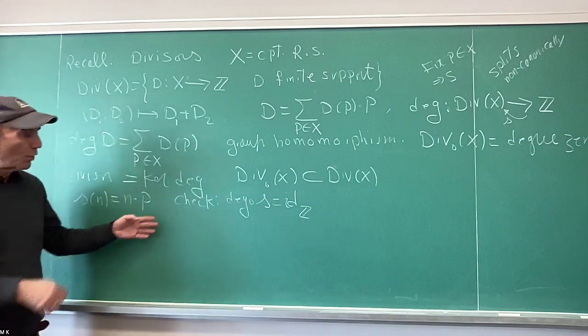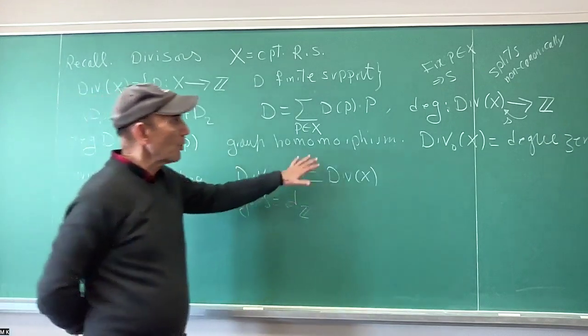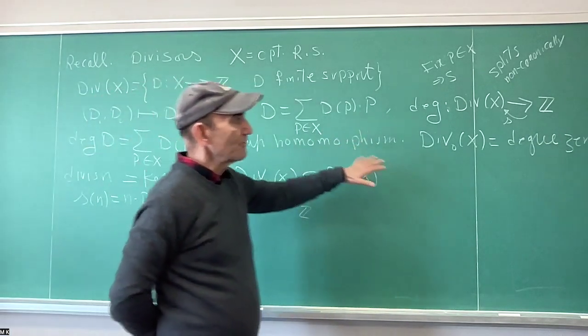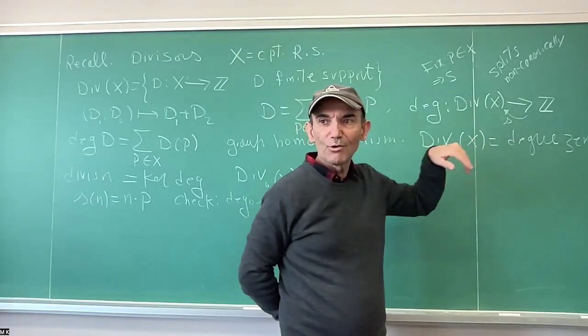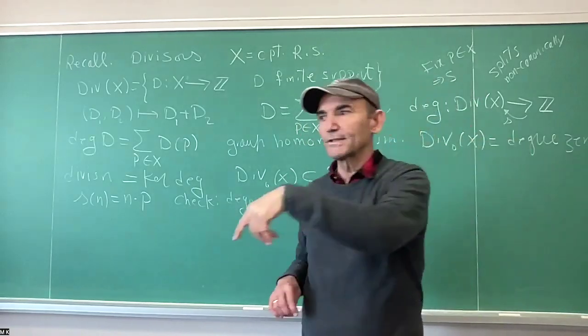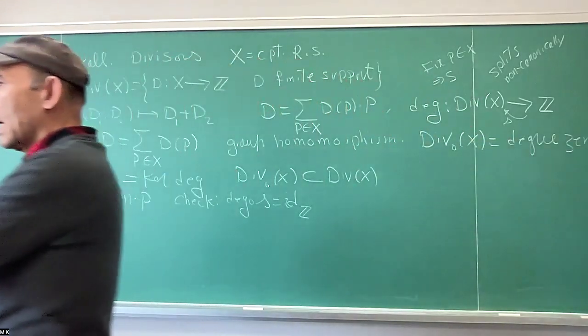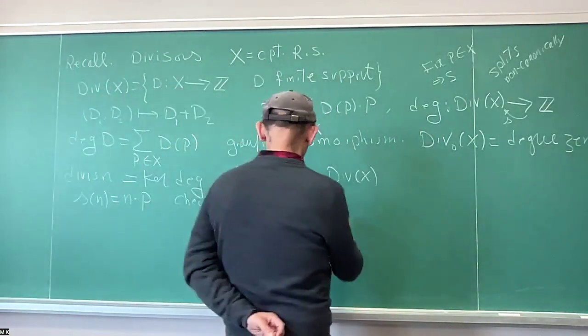So this sort of gadget implies that there is not much distance between these divisors and degree zero divisors. The codimension is 1. It's like linear algebra: when you have a linear homomorphism into the ground field, this always gives you a decomposition, and in this case a non-canonical decomposition.